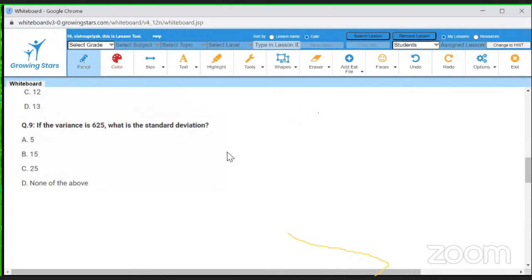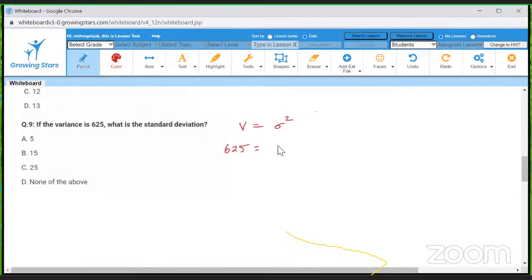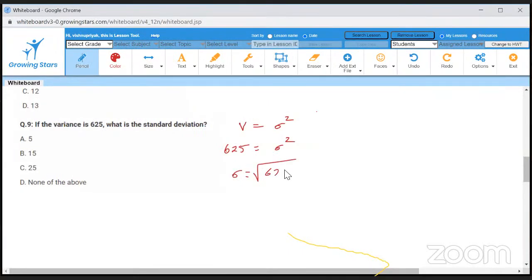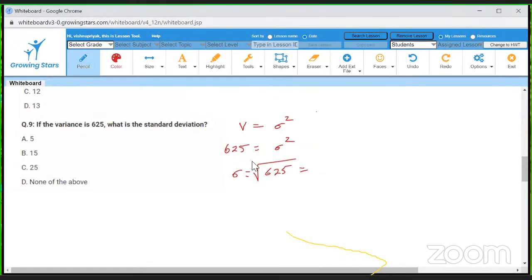Variance is 625, equal to sigma square. Sigma is the square root of 625, which is 25. So option C is correct. Okay, next one, try this.